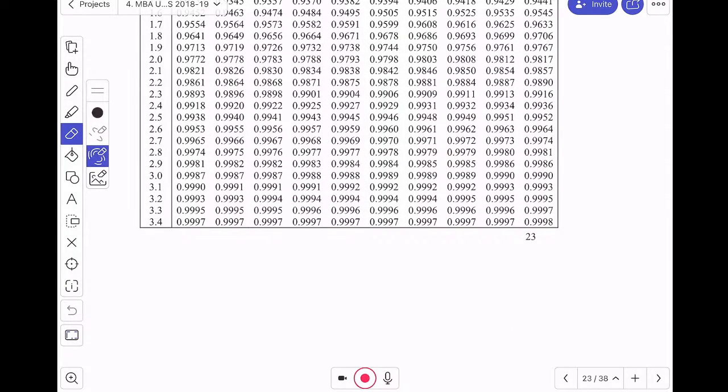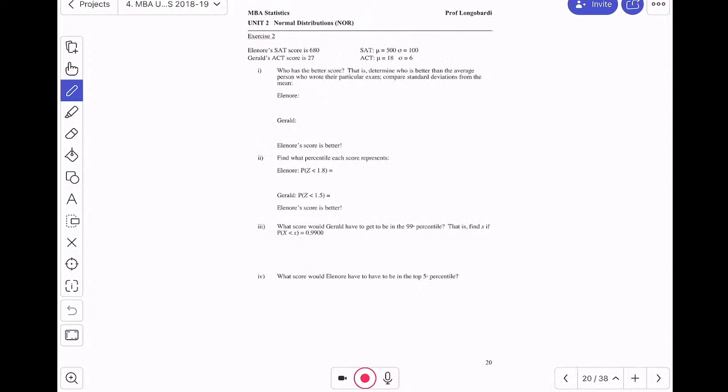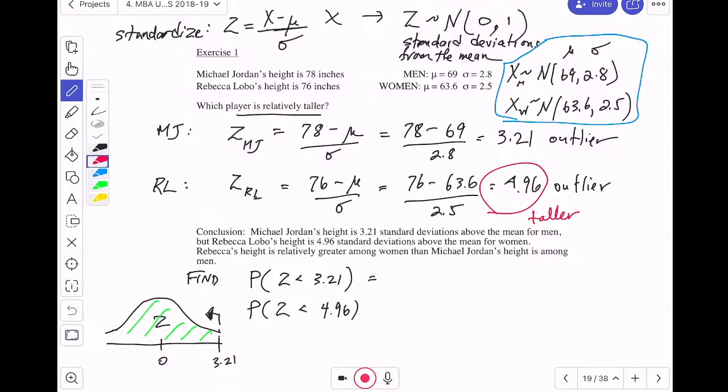So 3.21 puts us here. 99.93%. Any questions? Hopefully you learned how to use the table.